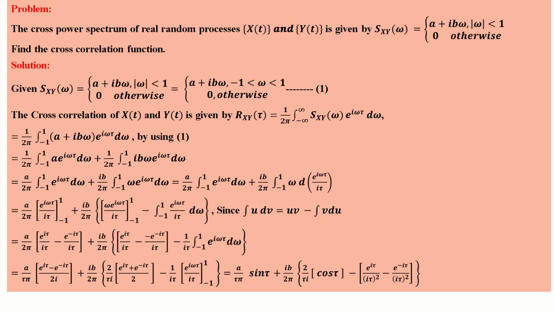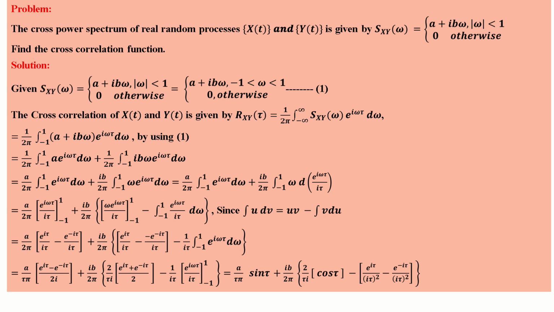We are multiplying 2 in the numerator and the denominator, so we can take that 2 inside: 2/(τi) [(e^(iτ) + e^(−iτ))/2] minus 1/(iτ), integrating e^(iωτ)/(iτ) with lower limit −1 and upper limit +1.